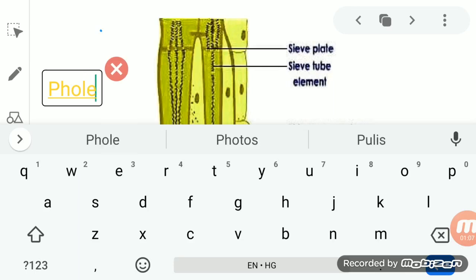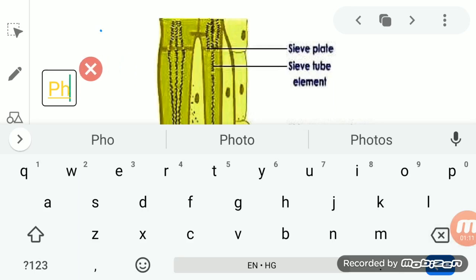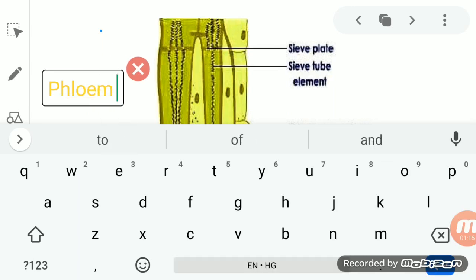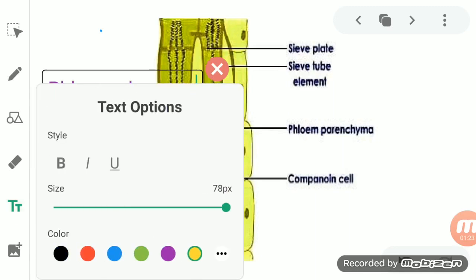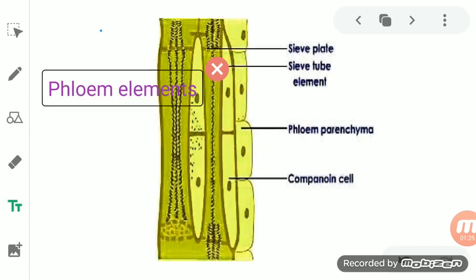Xylem had different types of cells involved in it, due to which we use the term xylem elements. And the phloem also has different cells present in it, so we call them phloem elements.